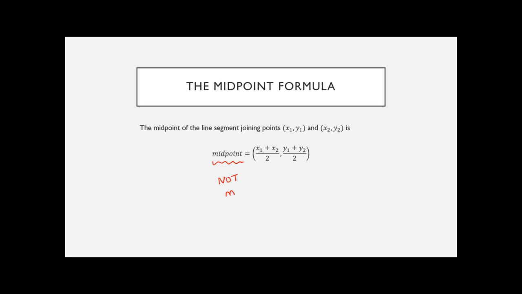But don't write M, because then you're saying, oh, I'm finding the slope, and it's not the slope. And then you've got something that's mathematically incorrect. You may know what your intentions were to find the midpoint, but what you wrote was not right, and that's where I often see a lot of errors, is when what people write doesn't match what they did. So don't write the letter M to abbreviate midpoint.